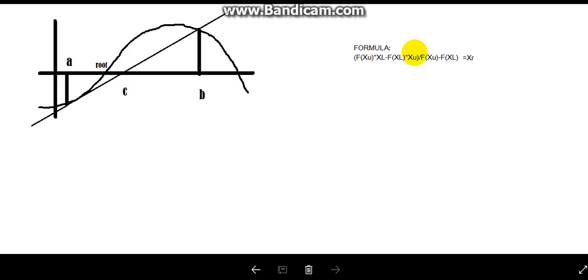The formula for the approximate root is this, where xu is the upper limit, and f of xu is the functional value of the upper limit, which is this one. xl is the lower limit, which is this one, and again f of xl is the functional value of the lower limit, this one. This is the upper limit, that is this point, and these are the functional values, which is equal to xr. This is the approximate root.